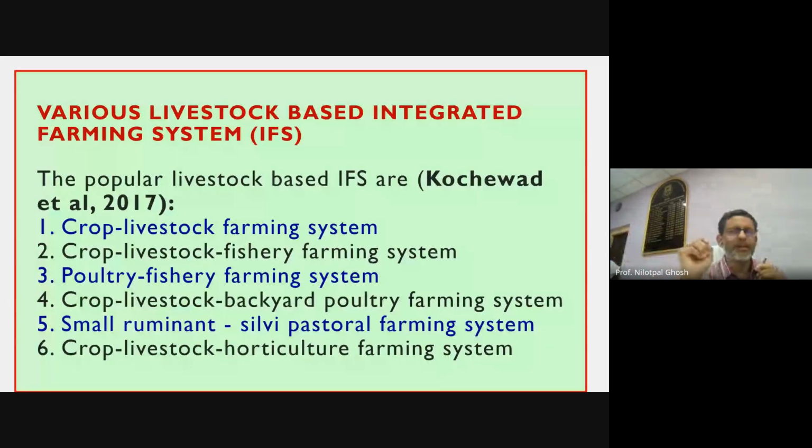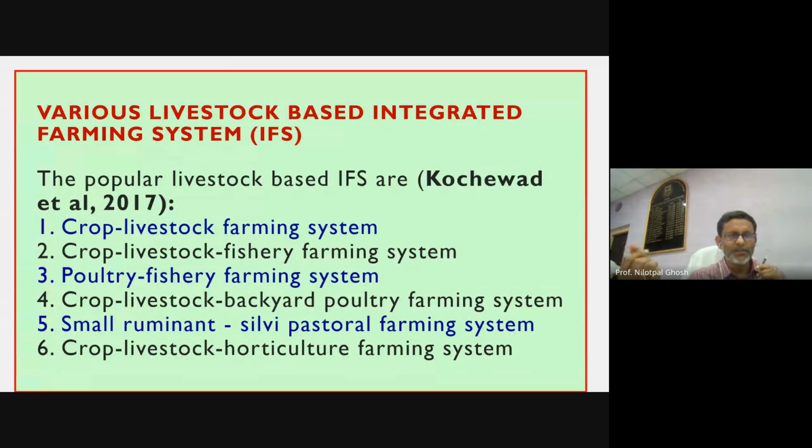Crop livestock farming system, simple, crop livestock. And the second is crop livestock fishery. That is, crop livestock fishery is an age-old practice. Fish cum paddy culture, fish cum duck cum paddy culture. Fish cum duck cum paddy culture is a crop livestock fishery farming system example.